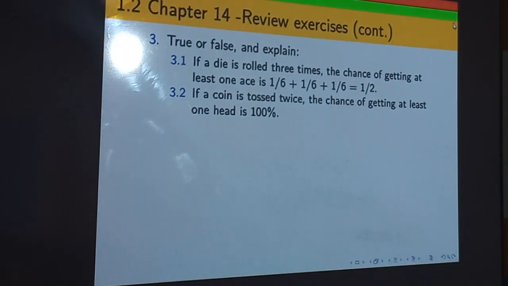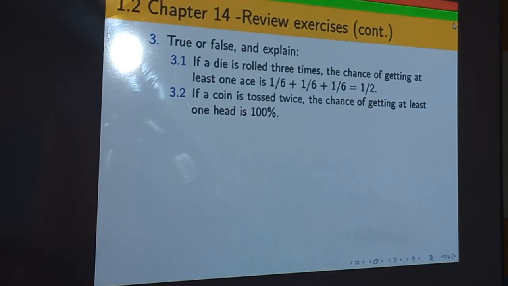If you roll a die 3 times, the chance of getting at least one ace. No, it says at least one. So at least once, you can find 1 or 2 or 3 separately and add them up.